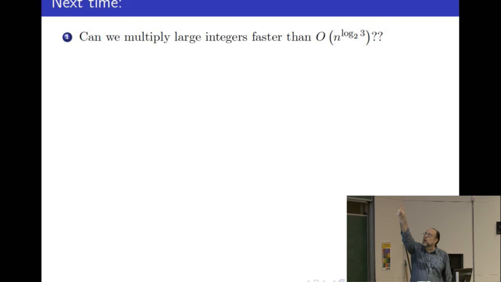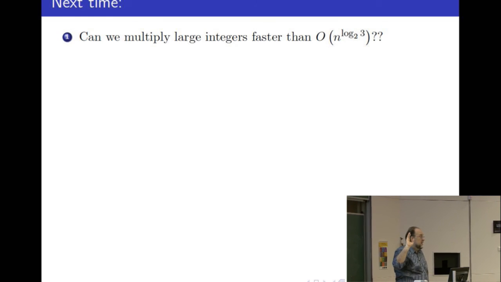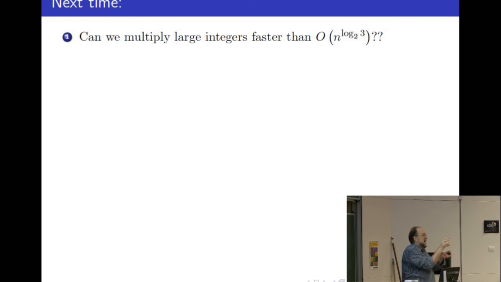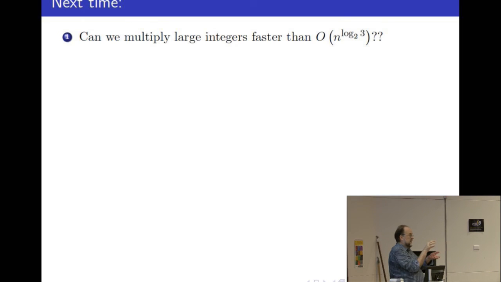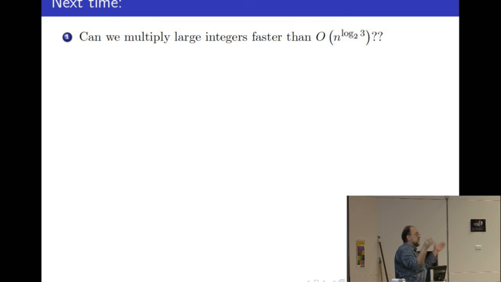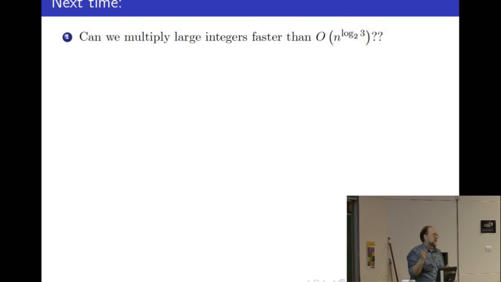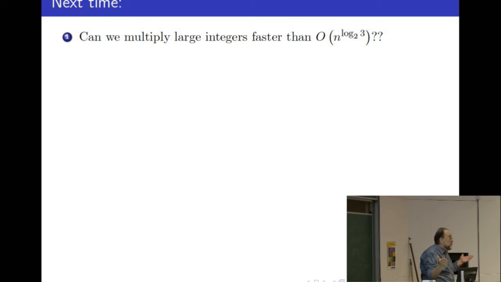What does this mean, O of n to the log 2 of 3? Essentially, this means that T of n is smaller than some constant times n to the log 2 of 3. You have to have a grasp on how big the constant is. Because if the constant is a billion to the power billion, and the running time grows like n to the power 1.0001, what's the use of that?